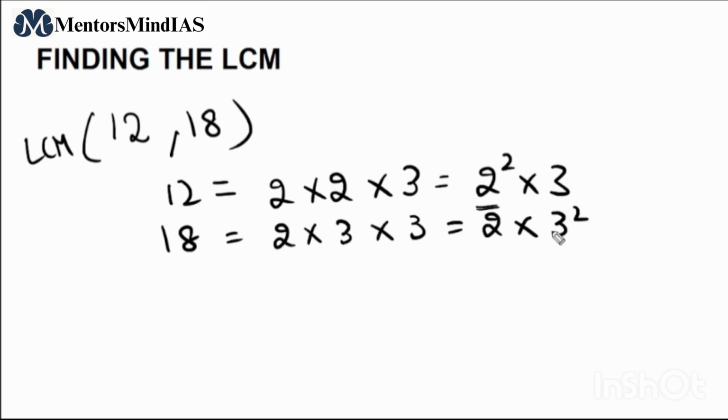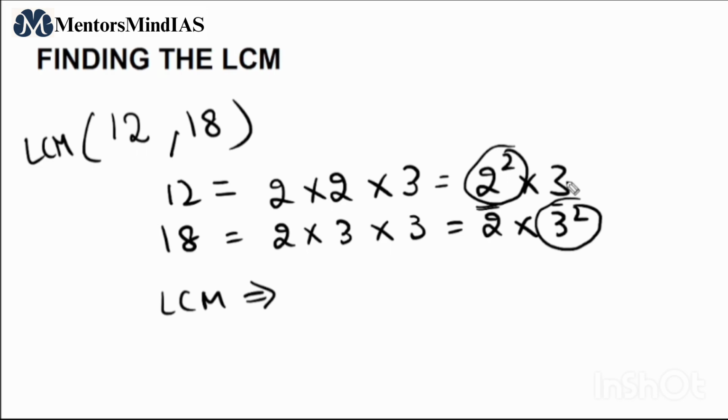Now these are your prime factors, right? 2 and 3. So basically what you need to do is, you have to write the prime factors from both the numbers. They can be common or uncommon.